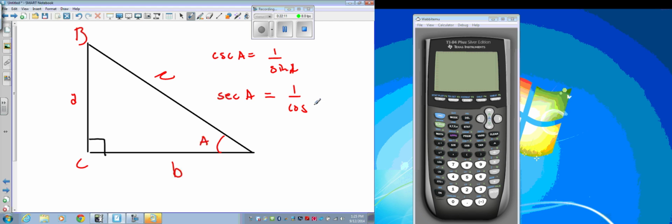So all you have to do is learn sine, cosine, and tangent. Because if I want to know what this is and I forget it, I say, well, the cosine of A is going to be what? B over C. Therefore, the secant has got to be what? The inverse of B over C. So you just go C over B, right?